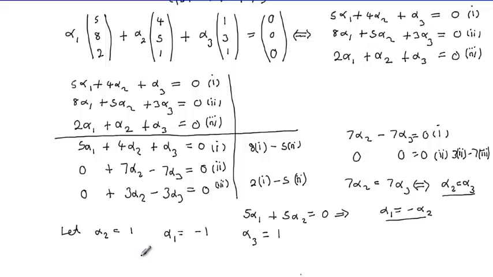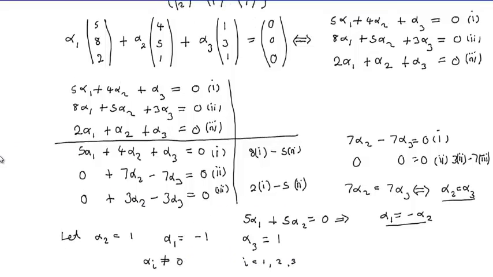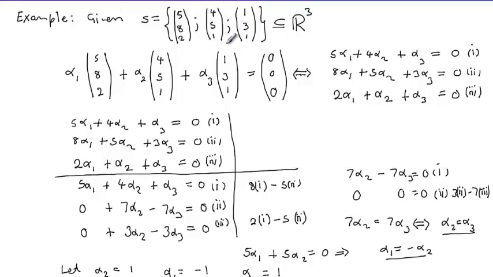As you can see, all the alpha i's are not equal to 0. In this case, i equals 1, 2, and 3. So, which means that the set which we're given above here is linear dependent.